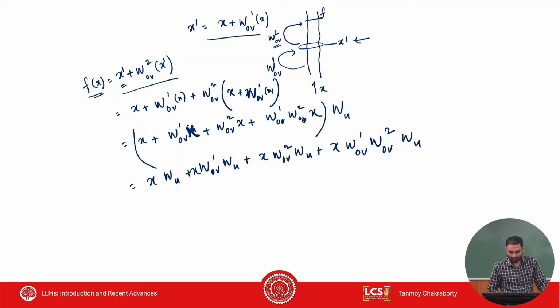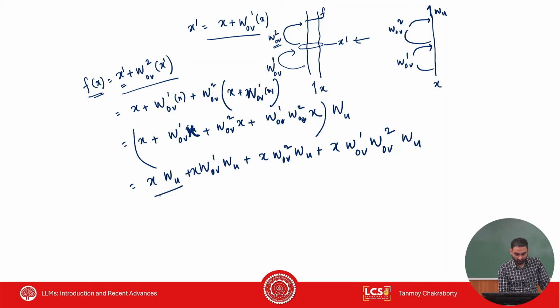Okay, so if you look at these individual operations, what I have done so far, this is the residual stream, this is x, there is this WOV1, there is this WOV2, and then WU. Look at the first component. What is this? This is just x WU.